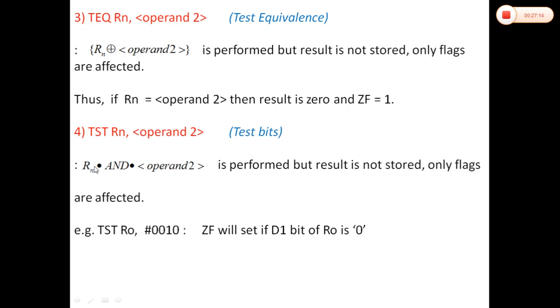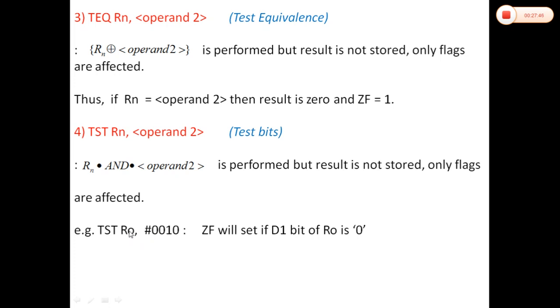This instruction will internally work by performing this operation. It simply performs an AND operation between Rn and operand 2. Once again the result is not stored, but the flags are affected. So when this is ANDed with this, you can see that all the bits except the D1 bit will be set to 0, and then bit D1 of this register will decide whether the result is 0 or not.